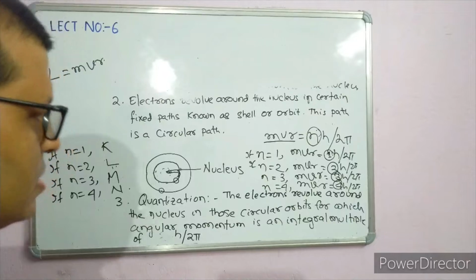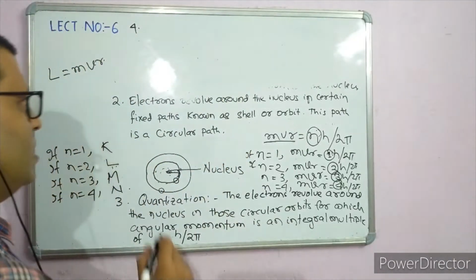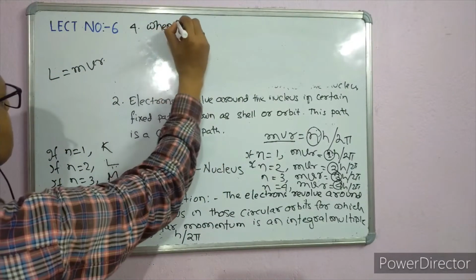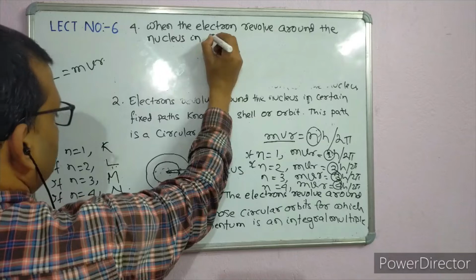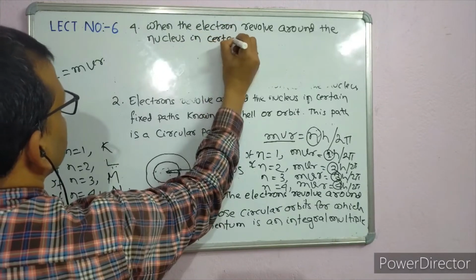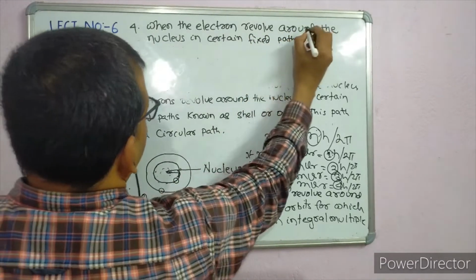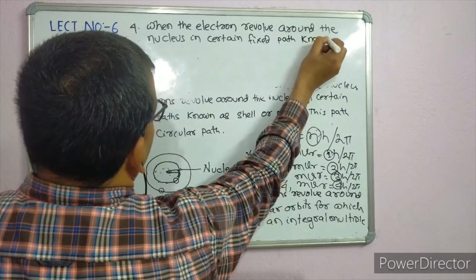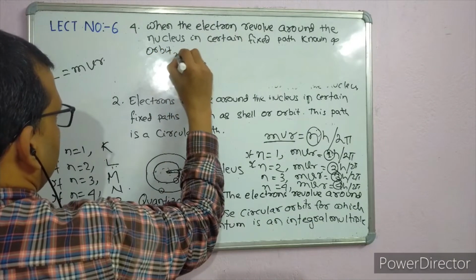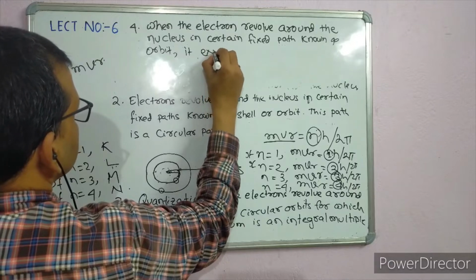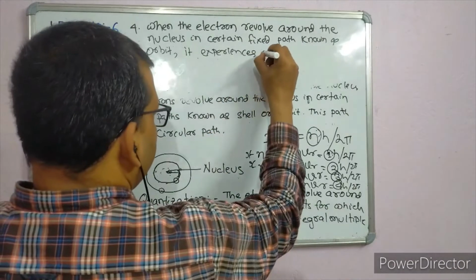The fourth postulate is that when the electron revolves around the nucleus in a certain fixed path known as orbit, it experiences a centripetal force.